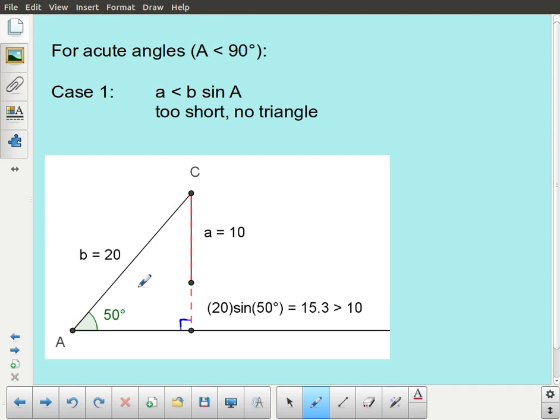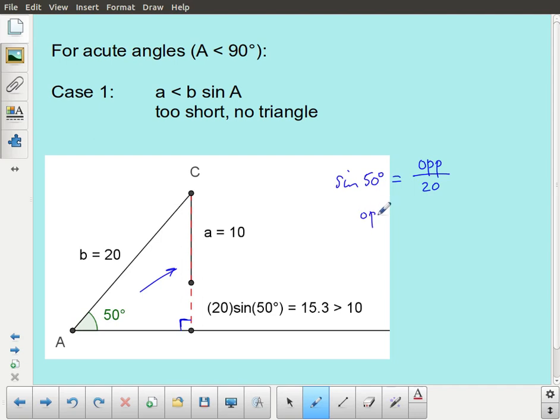So if we look at this as a right angle trigonometry problem, B becomes my hypotenuse. With respect to this angle, what is this side? That would be the opposite, so that's the one we're interested in. What we end up with is that the sine of 50 degrees must be equal to the opposite divided by the hypotenuse, which is 20.